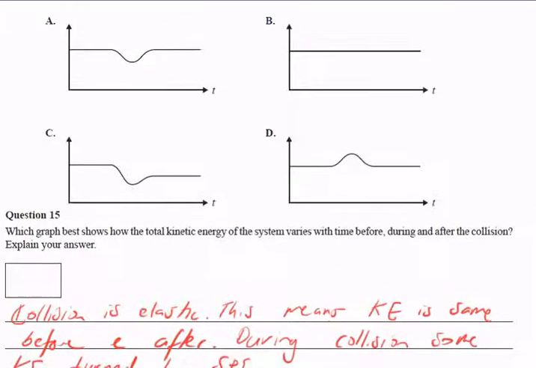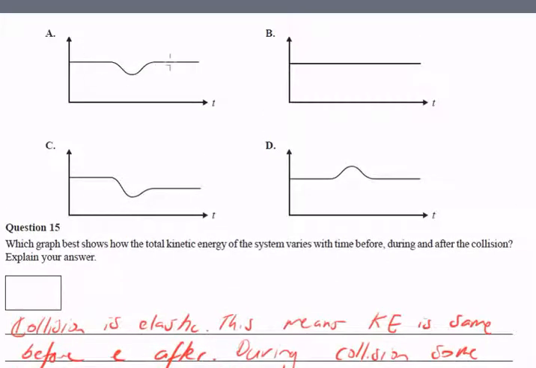So before and after it's the same amount. During, some of that kinetic energy got turned into spring potential energy, and then back into kinetic energy again. Okay, so the answer is A.